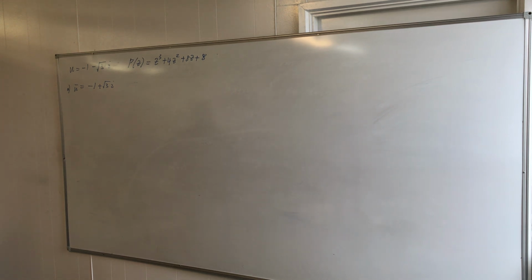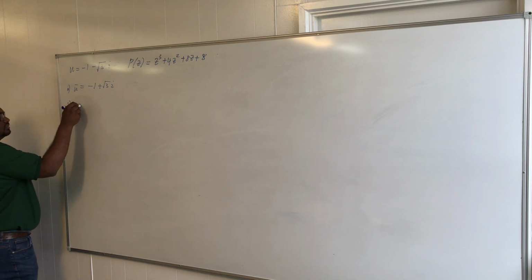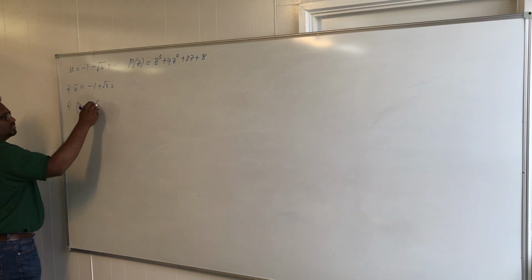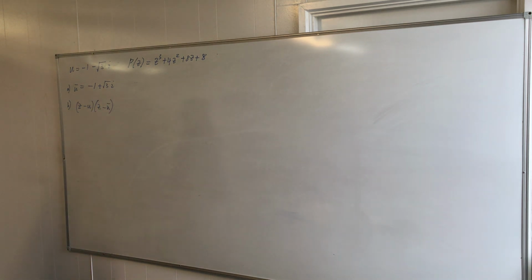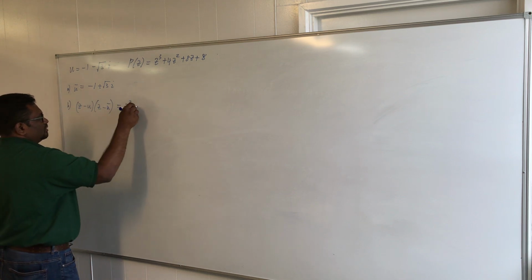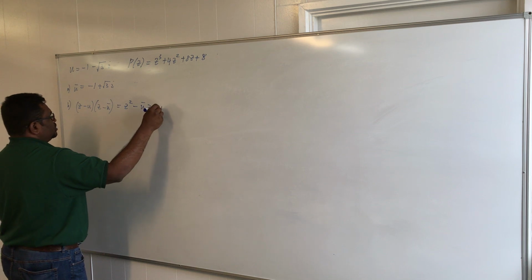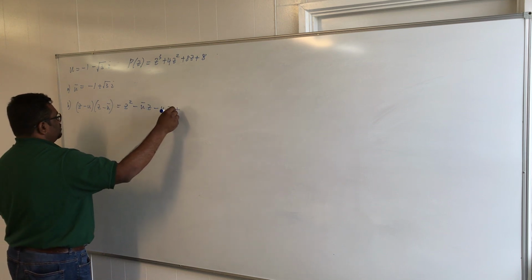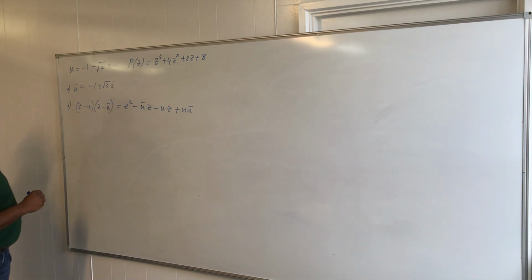The bar is the express z minus u bar, okay? So u bar is minus 1 minus square root 3i, and u is minus 1 plus square root 3i. So in the second line it's z squared minus u bar z minus uz plus u u bar.